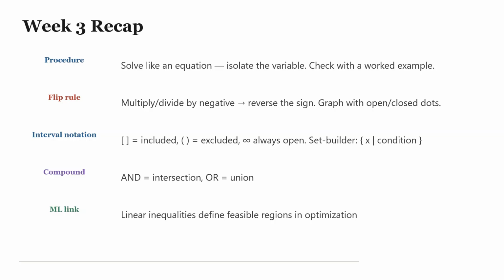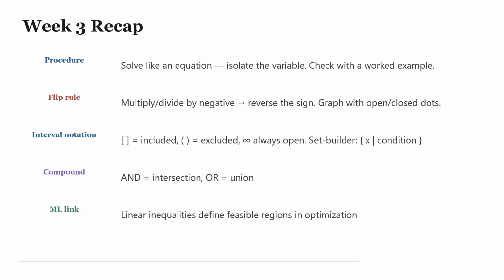Let us recap everything from today's lesson. The procedure. Solve an inequality the same way you solve an equation. Isolate the variable by adding, subtracting, multiplying, or dividing. We walked through full worked examples, including multi-step problems with distribution. The flip rule.